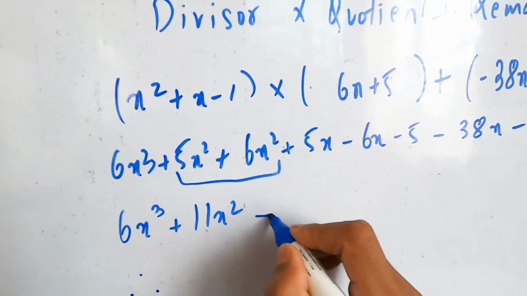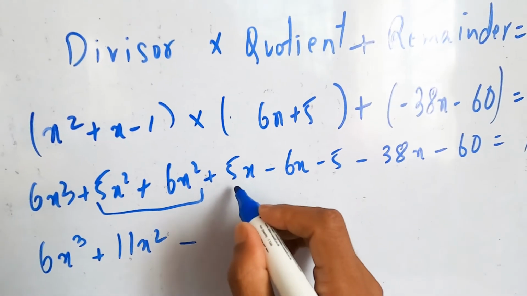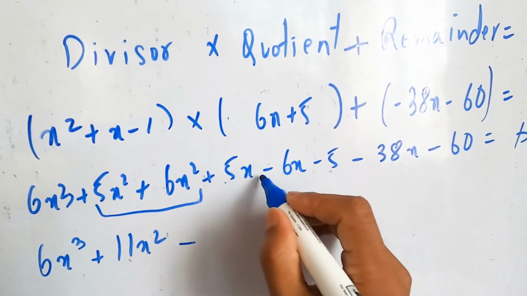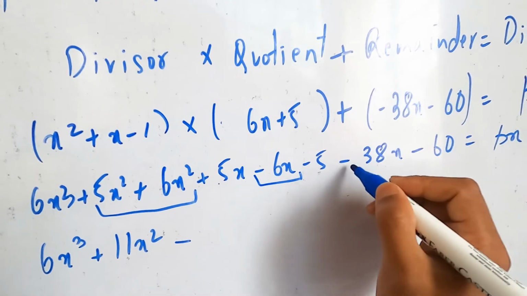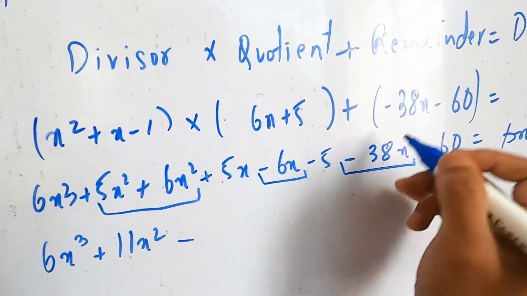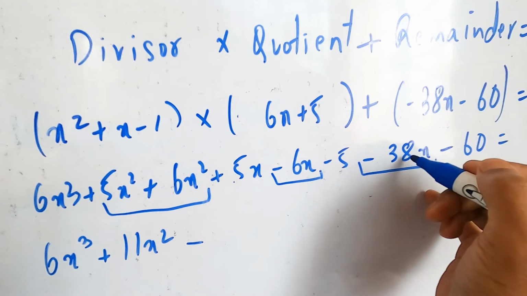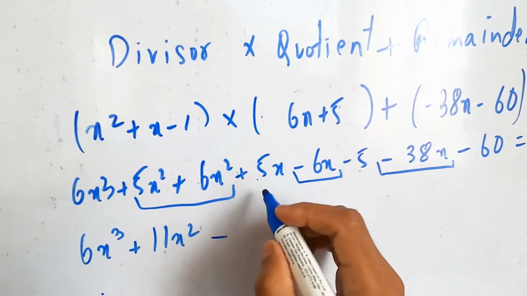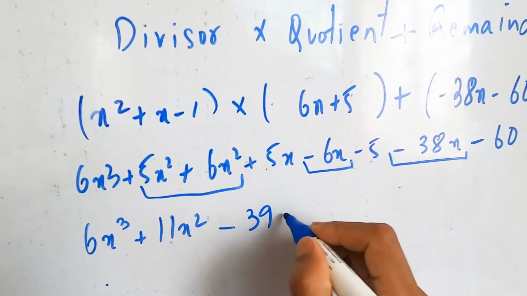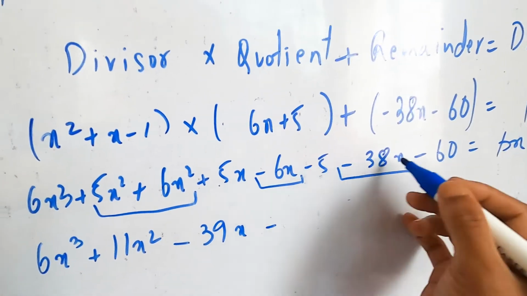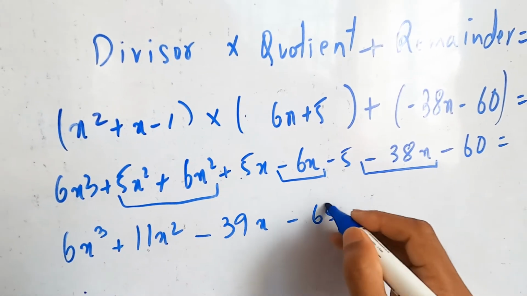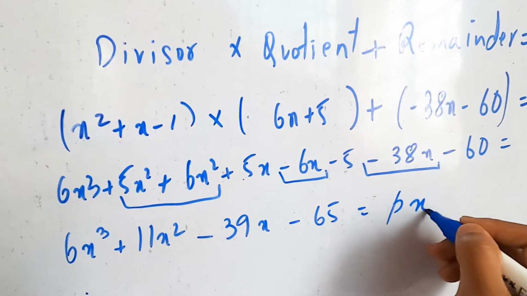Then 5 minus 6x minus 38x, it will be minus 39x, minus 5 minus 60 will be minus 65, is equal to px.